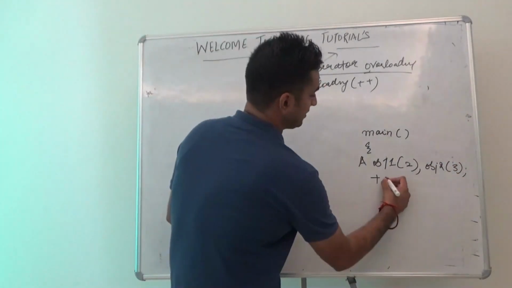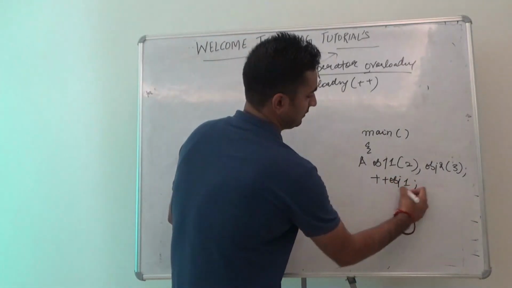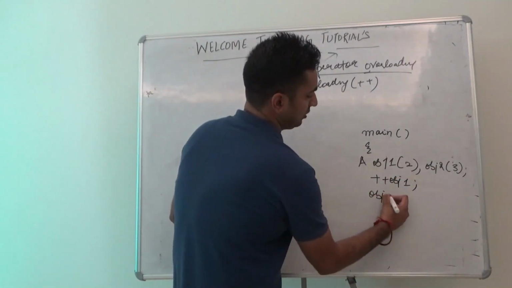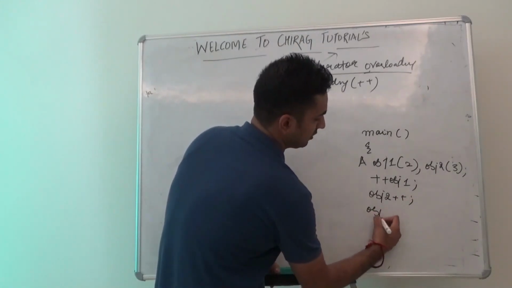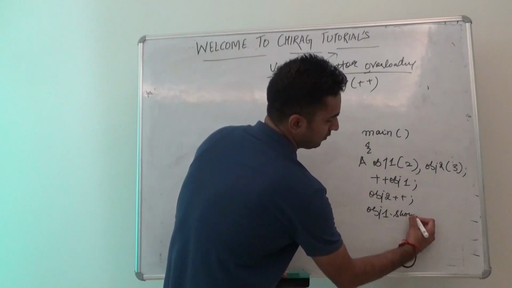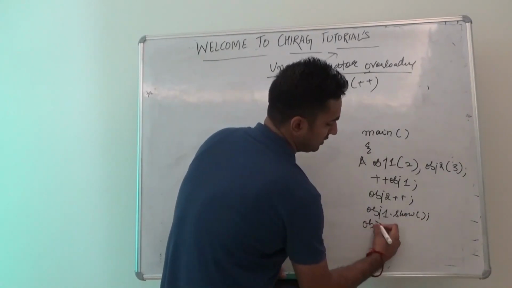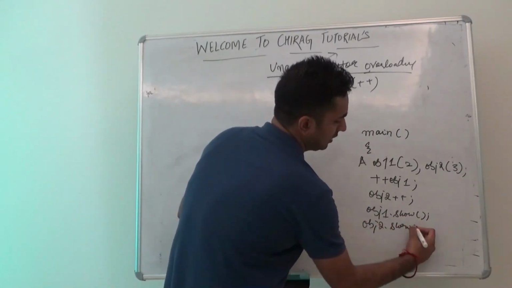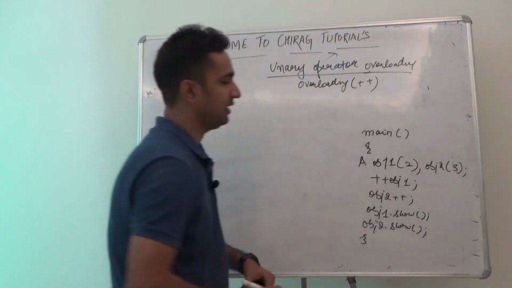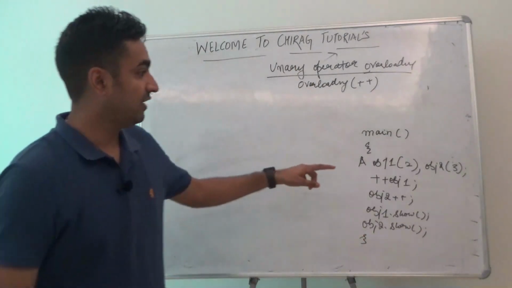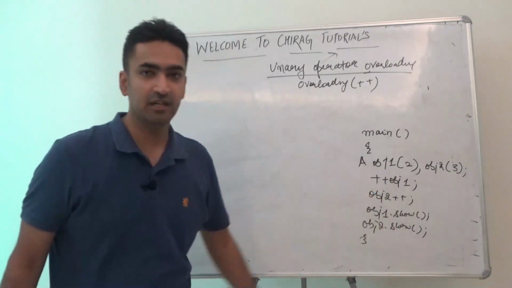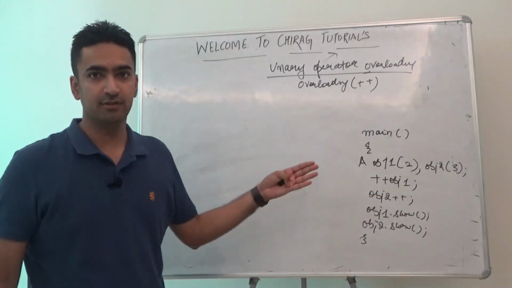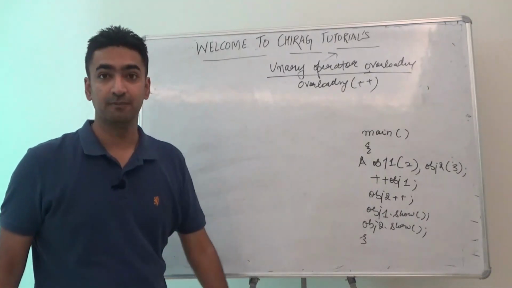I'm writing plus plus obj1 and obj2 plus plus, and then I'm displaying obj1 dot show and obj2 dot show. Now guys, the problem is that we have given plus plus pre-increment as well as post-increment to object 2 and pre-increment to object 1.